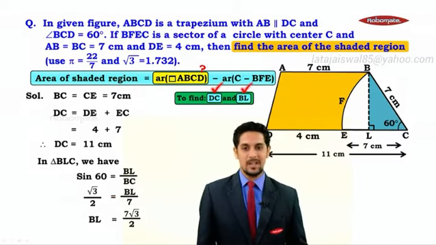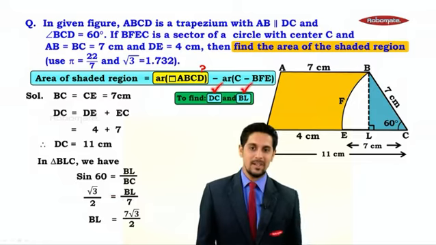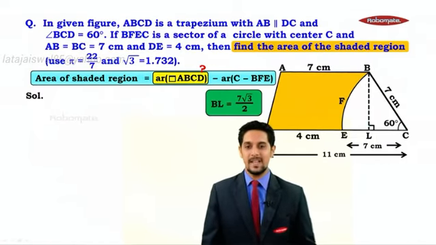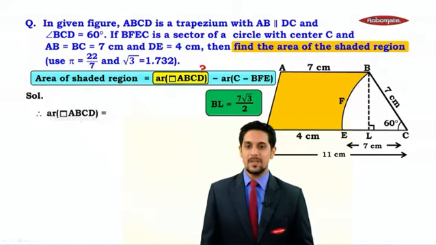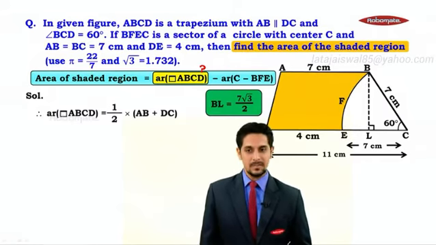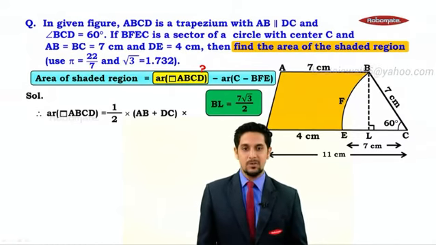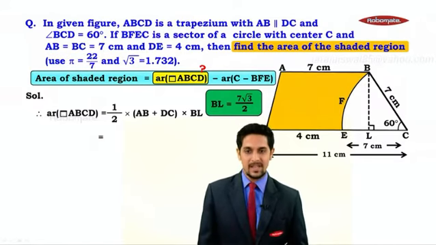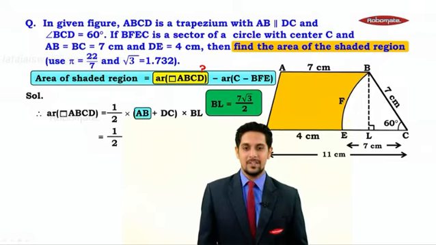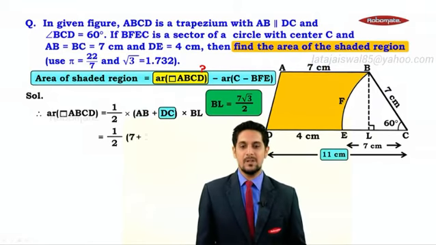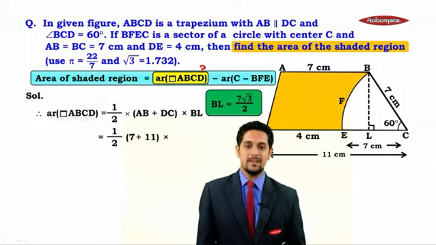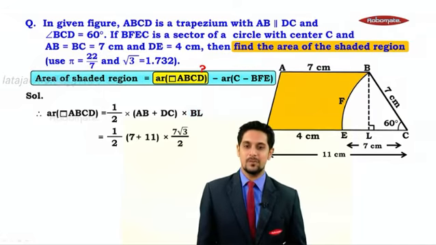Now students, we have also calculated the second part. So now we need to calculate the area of the quadrilateral ABCD, which is equal to half into AB plus DC into the height, that is BL. Let us substitute the values. So area is equal to half into AB, that is 7 plus DC, which is equal to 11, into BL, which we found to be 7 root 3 upon 2.